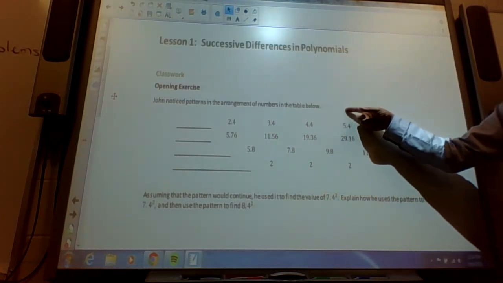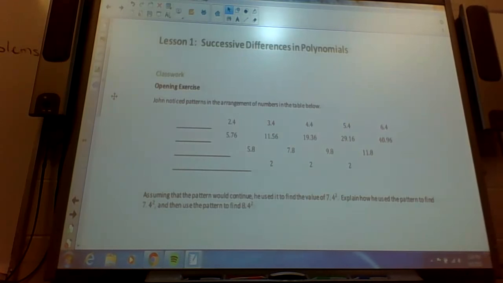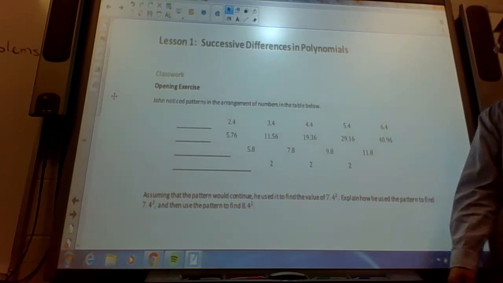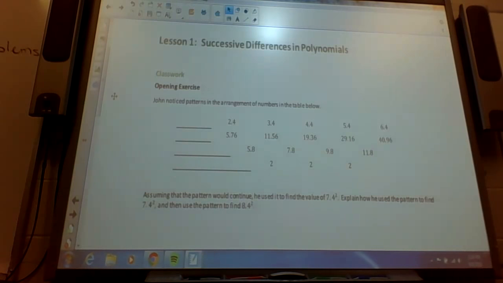Here to here, I jump 1. Here to here, I jump 1. And so forth. This one right here, from here to here, I jump how many? 5.8. You see how I did that? No, it doesn't matter. 11.56 minus 5.76.